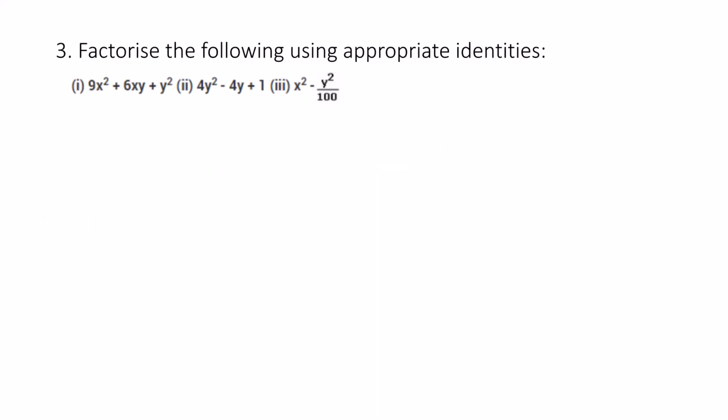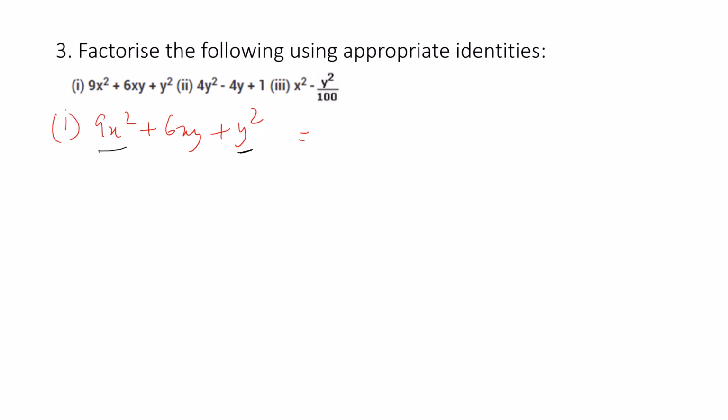Now we are going to factorize the following expressions using appropriate identities. So let's take the first one, 9x square plus 6xy plus y square. Look at the first and the third term. We can see that they are square terms.